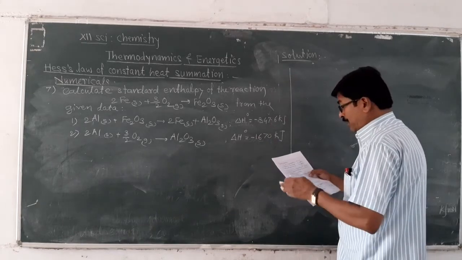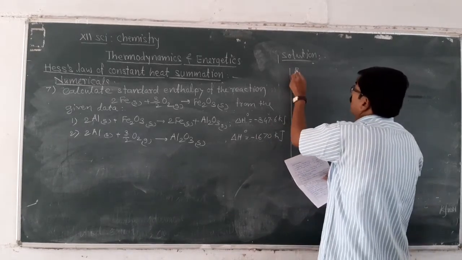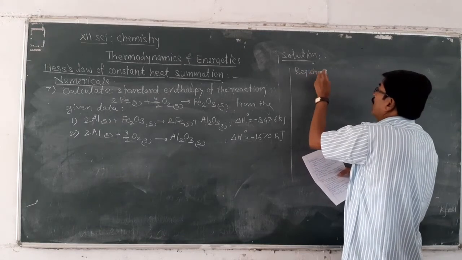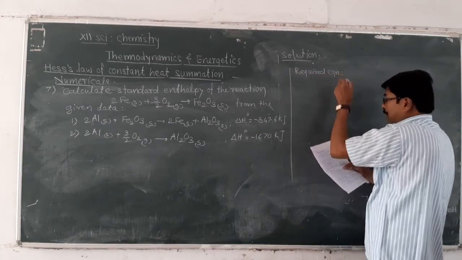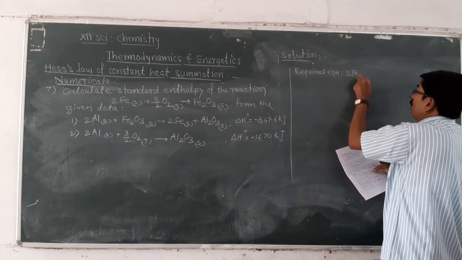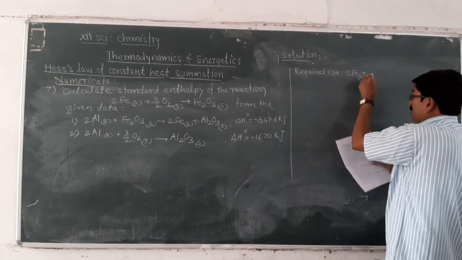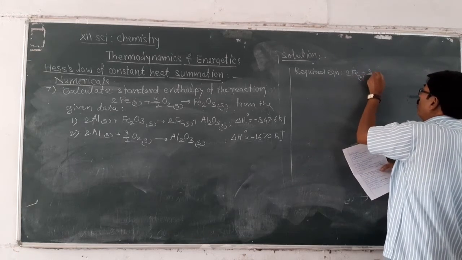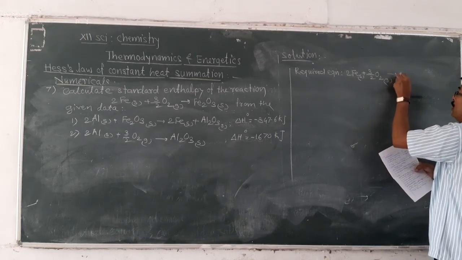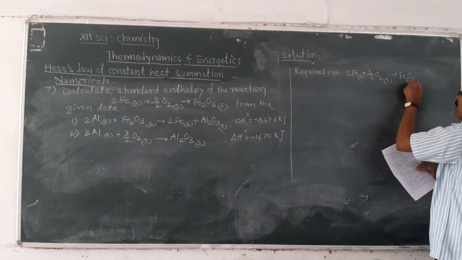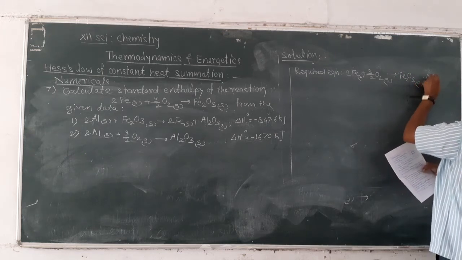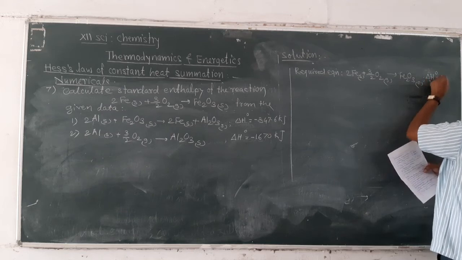Now here the required equation is what? It is given: twice Fe solid plus 3/2 O2 gas gives Fe2O3 solid, and we have to calculate standard enthalpy of this reaction.